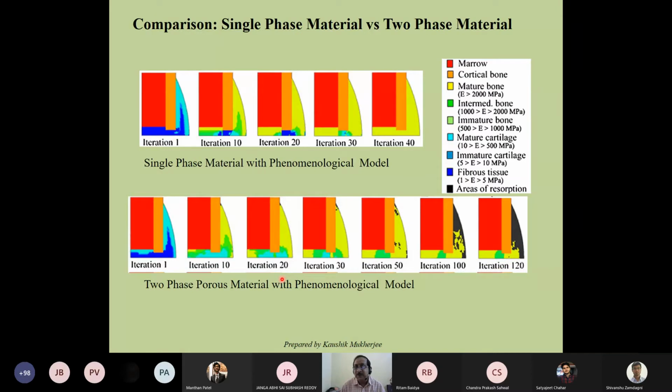So, single phase material versus two phase material. You can see the phenomenological model being used with single phase material, and with bone or tissue as a two-phase material, but the same phenomenological procedure. Okay?